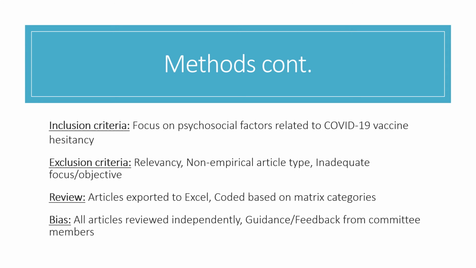There are usually at least 2 researchers to review the articles to limit the amount of bias. But given the nature of this project, I'm the sole author. But you should know that I received and am continually receiving guidance and feedback from my committee members.